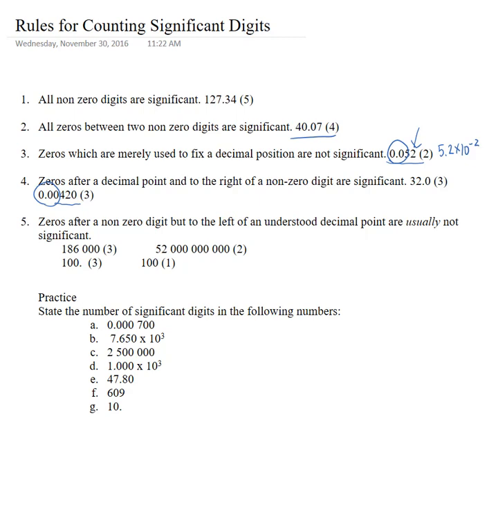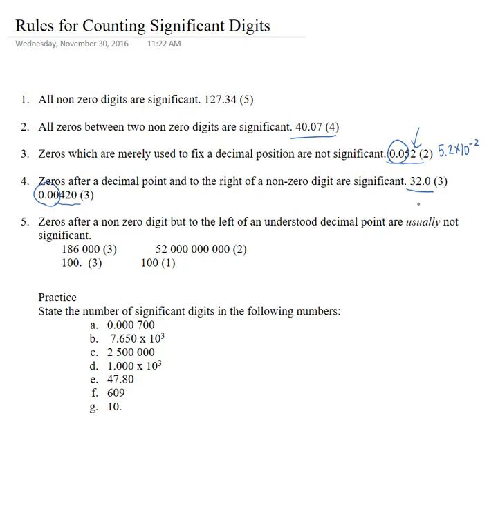So I've measured it. So there are 3 significant digits there. The number 32.0, so after the decimal point, after a non-zero significant digit, is significant. So I'm measuring it to be exactly 32.0.